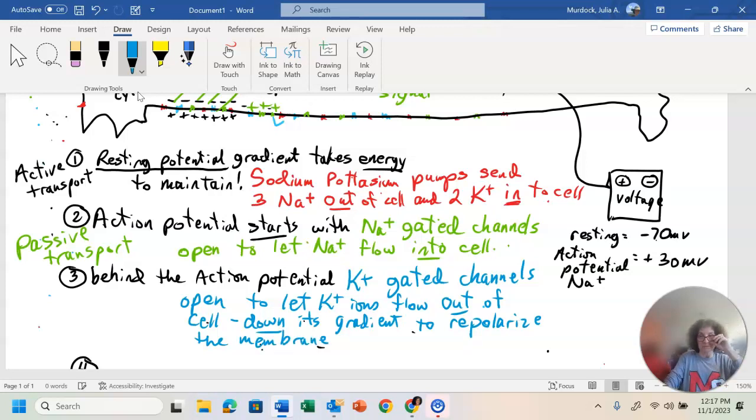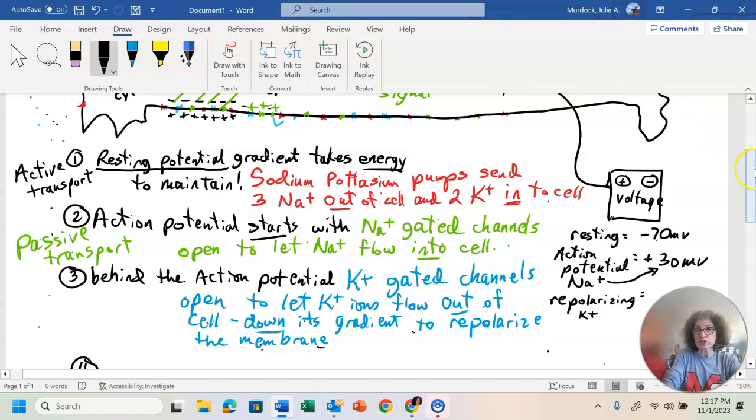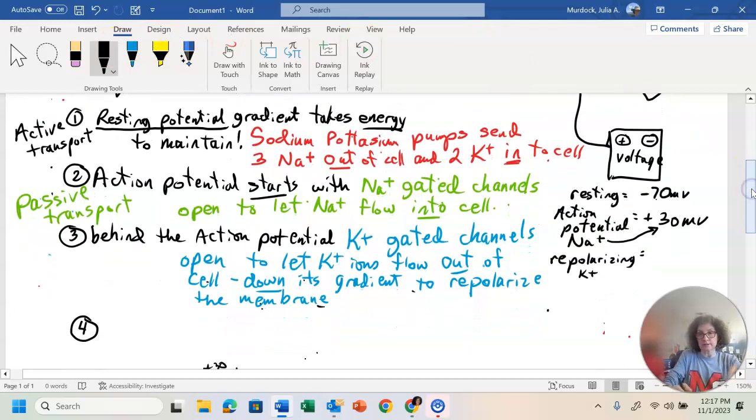Okay. All right, so that's the sodium flow. Now, we're going to go repolarizing. Repolarizing with the K plus ions, actually, it overshoots it.